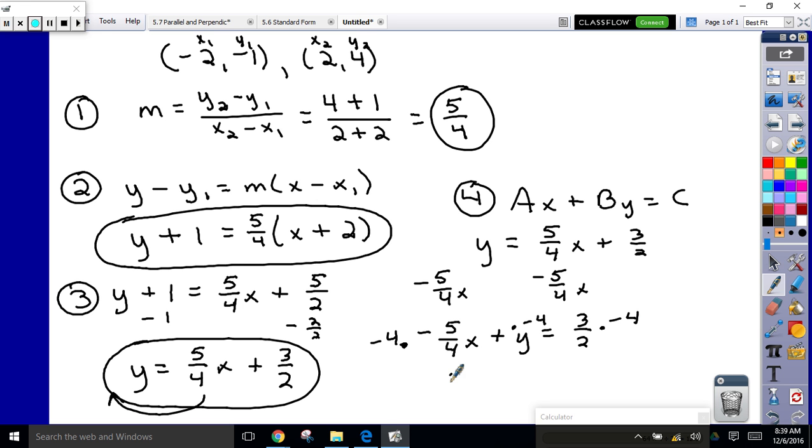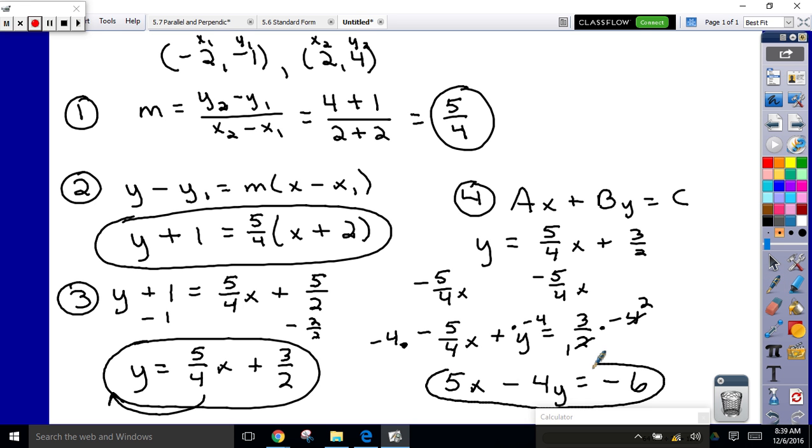So I get 5x minus 4y. Here I can cross simplify. 2 goes into -4 2 times. 3 times -2 is -6. So I get 5x minus 4y equals -6. Okay, any questions about that?